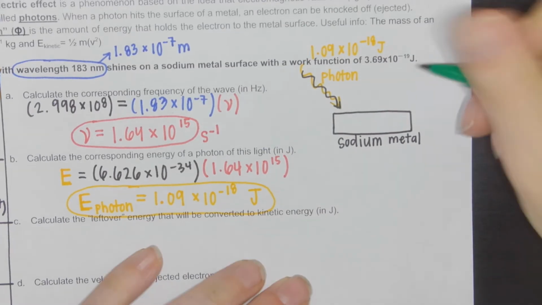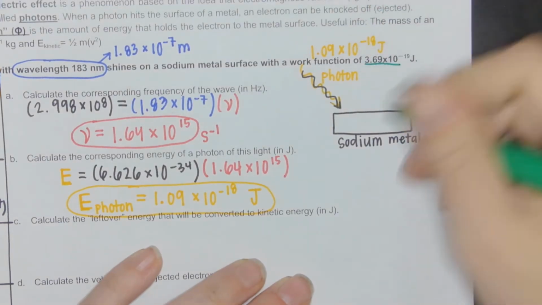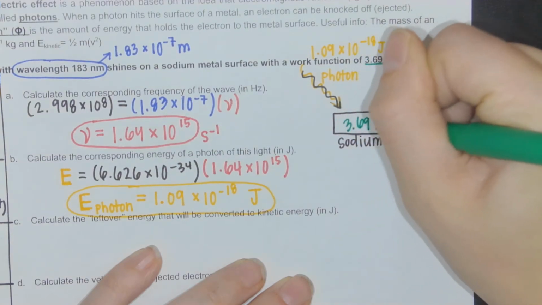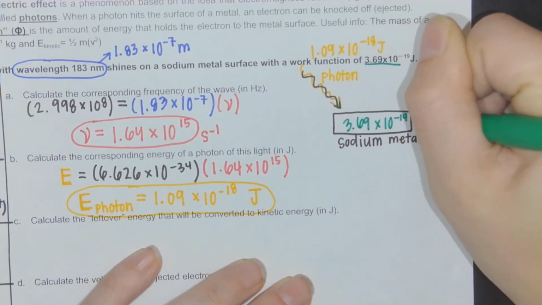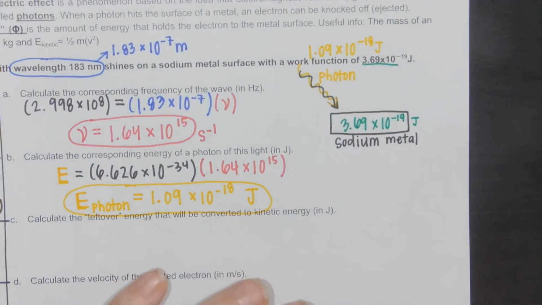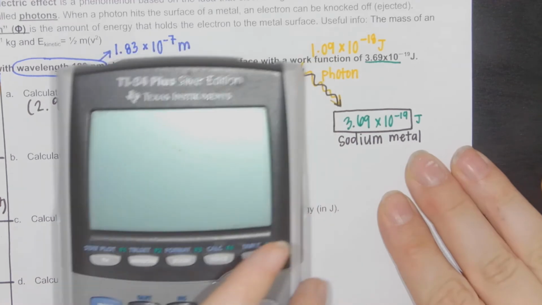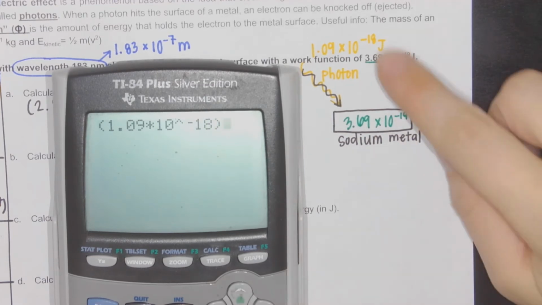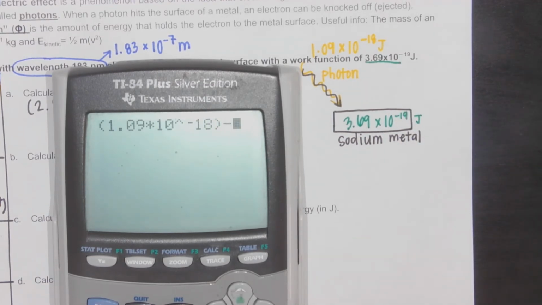The sodium metal has a work function of 3.69 times 10 to the negative 19 joules. Put everything in parentheses, that's an exponent. So that minus this.